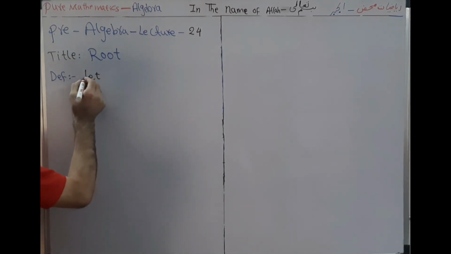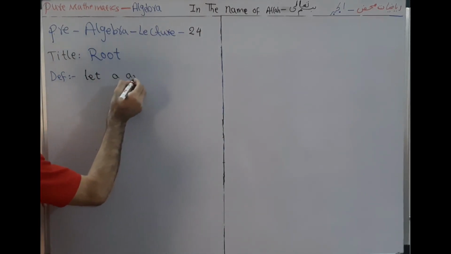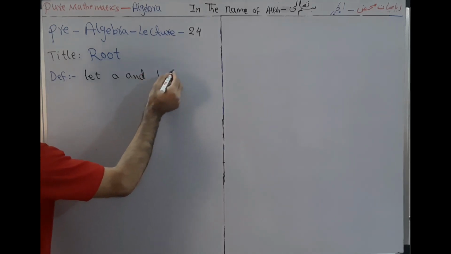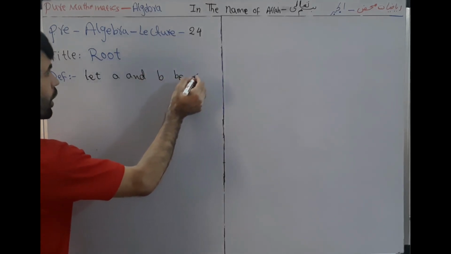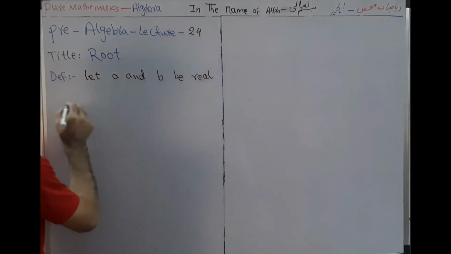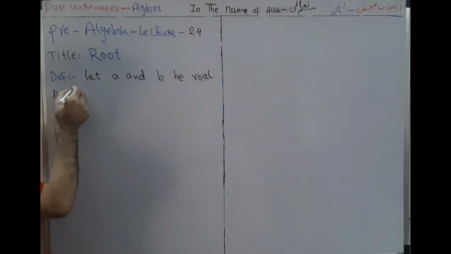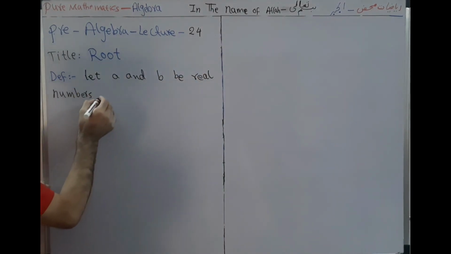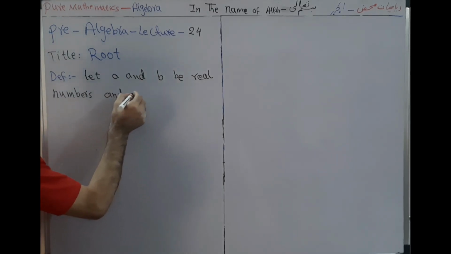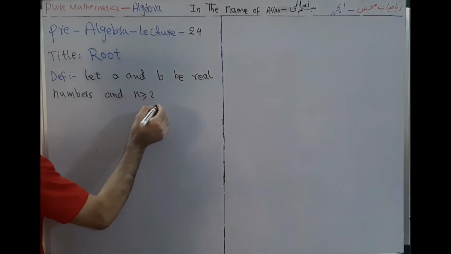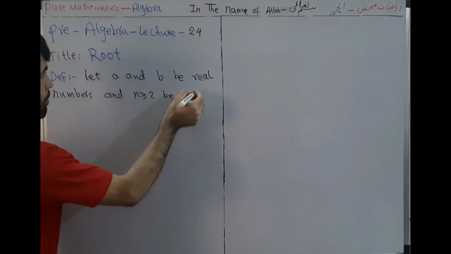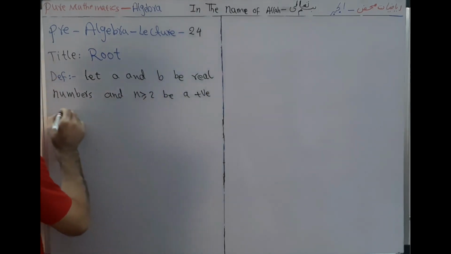Let a and b be real numbers and n greater than or equal to 2 be a positive integer.